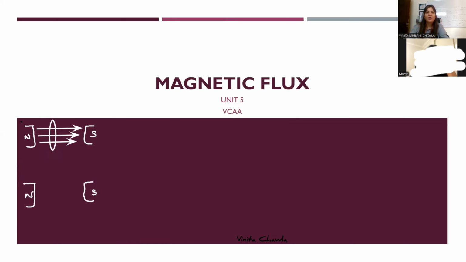And again, we'll draw the arrows. Arrows represent the direction of magnetic field intensity from north to south, right? But this time I'm going to place the coil horizontally, not in a vertical position. Now you tell me how many field lines are crossing this coil.